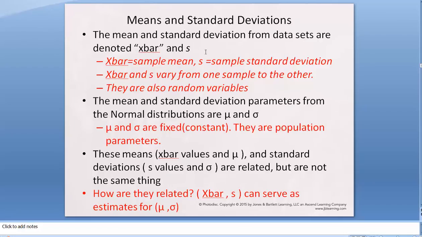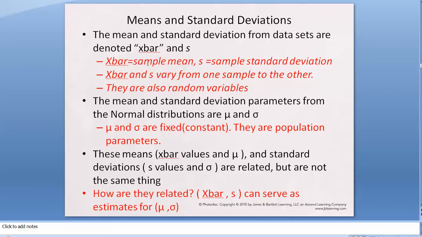You will have a sample mean and a sample standard deviation. Now we have to get familiar with the notation for that. Sample mean is x bar. In PowerPoint, it is very difficult to get that bar on top. Actually, this should be x bar on top, okay? So x bar is the notation for sample mean, and s is the notation for sample standard deviation.